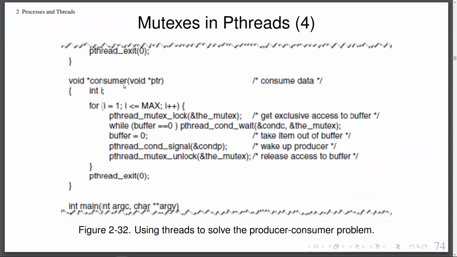So when we look at the consumer code, we've got the mutex lock to go in to access the buffer that's controlling for the critical region. And then it looks a little bit different when you're actually writing the code from the way they were just giving you a simplified version of it. What you want to do when you're doing condition wait is you're checking on the condition that the array is empty, so there's nothing left to be consumed.